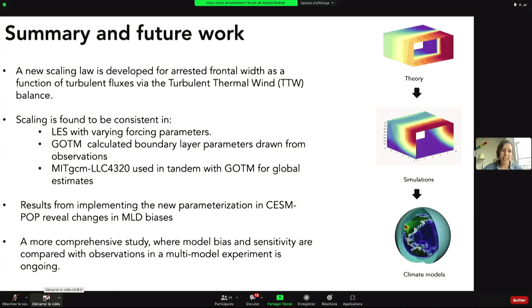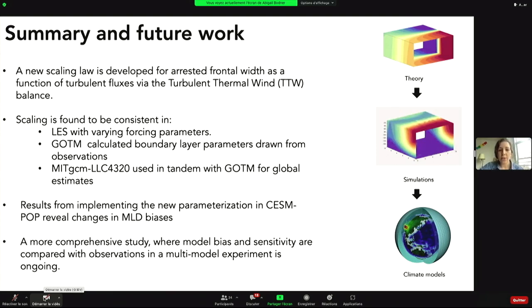All right, so now I'll summarize my actual science talk. We've developed a new scaling law for frontal width as a function of turbulent fluxes given by the turbulent thermal wind balance. And the new scaling is found to be consistent with large eddy simulations with varying forcing parameters. GOTM was used to calculate parameters drawn from observations, as well as a high resolution MITgcm in tandem with GOTM for global estimates.